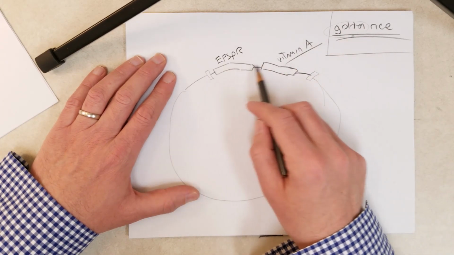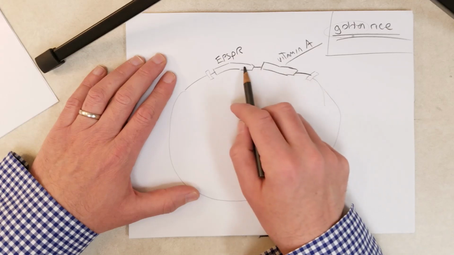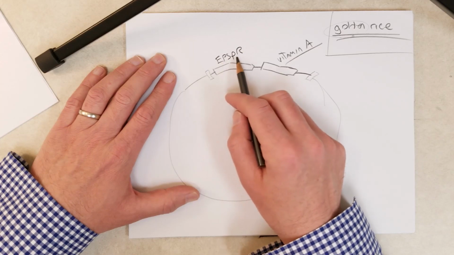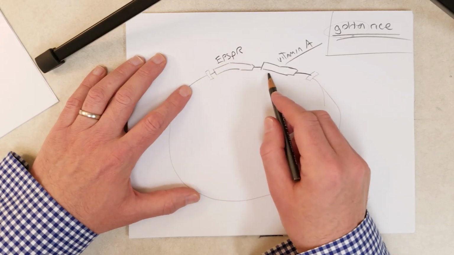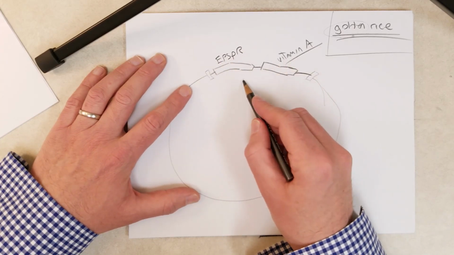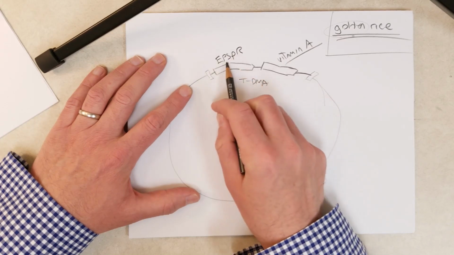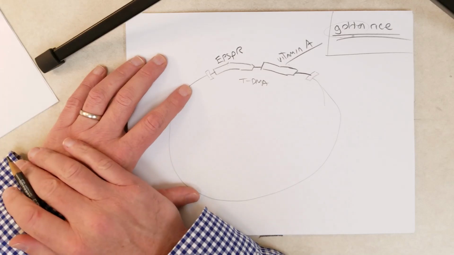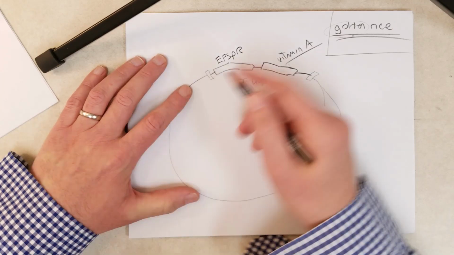But this is one thing you could do. You could just attach the gene of interest downstream of the herbicide resistance gene, and then you can select for plants having the tDNA based on resistance to the herbicide, and they should also have the copy of vitamin A.